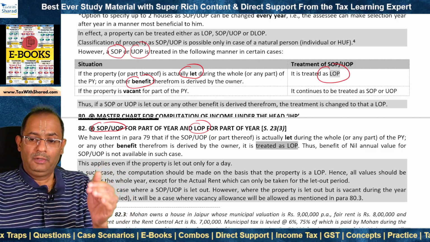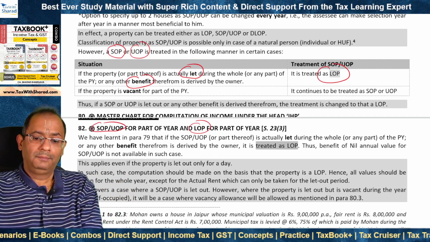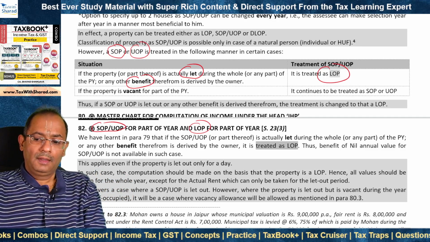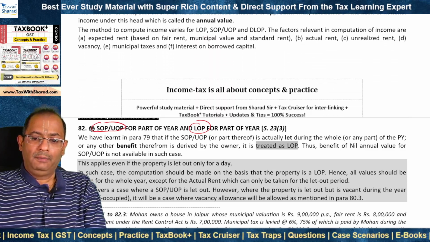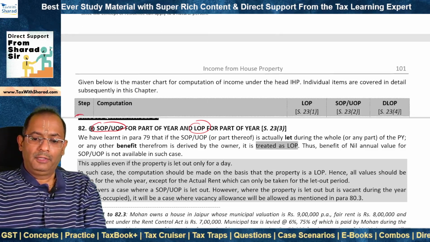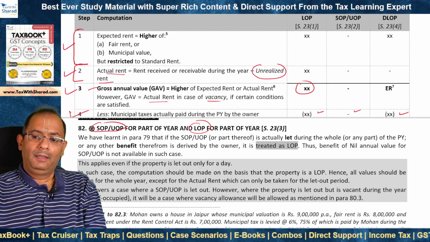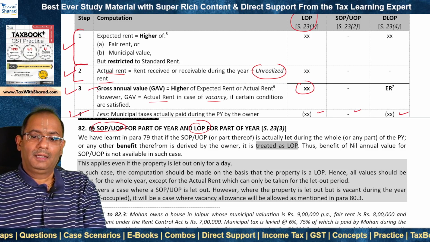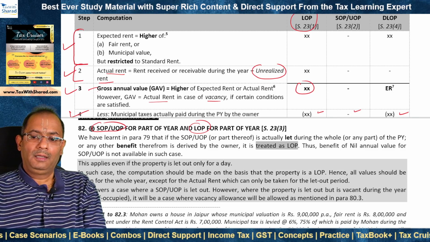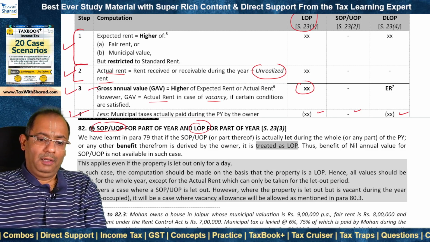It ceases to be treated as SOP or UOP and it now gets treated as LOP, right? Therefore, the benefit of nil annual value which is available in the case of SOP or UOP is not available. And as we noted in the master chart, the property gets classified as LOP and consequently computation is made as it is made for an LOP.